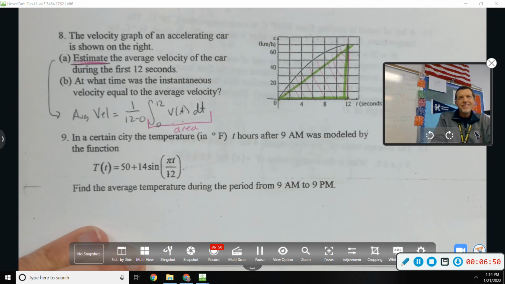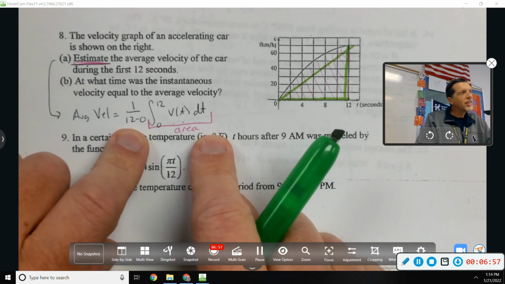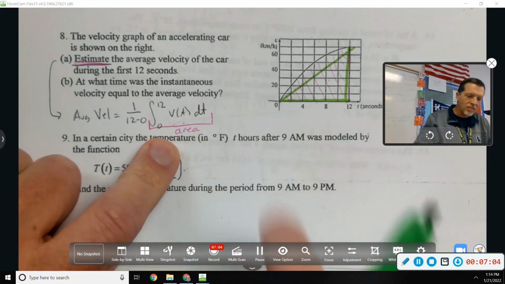On that last test, there was a problem similar to this with the 1 over 20 out front, and it specified use a left Riemann sum. But this one didn't even say that. This said just estimate it.